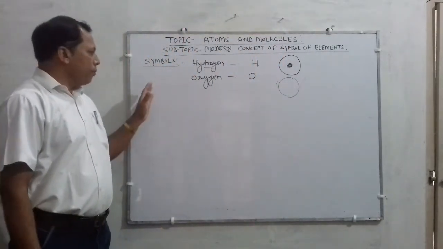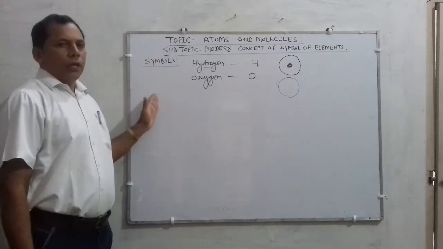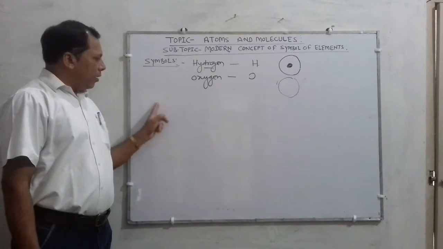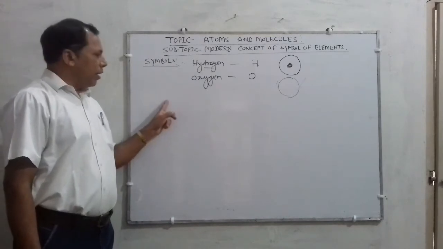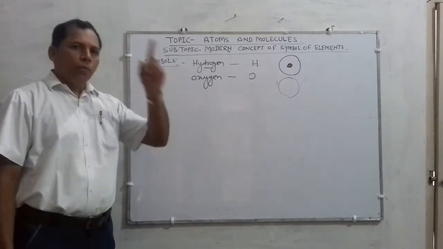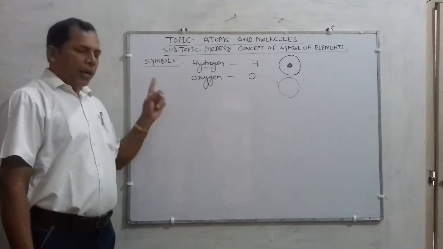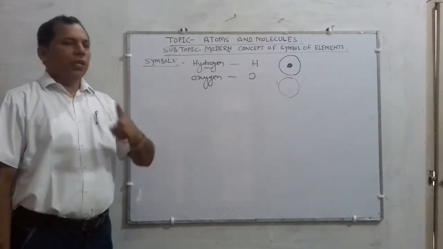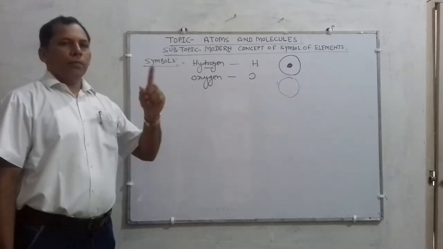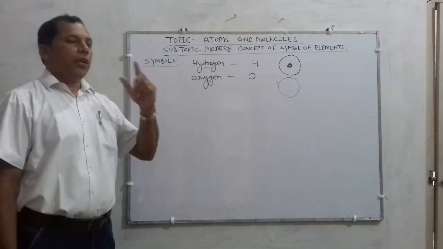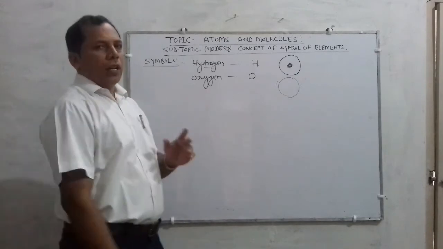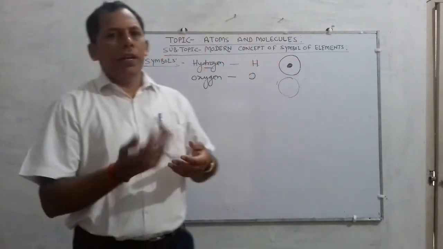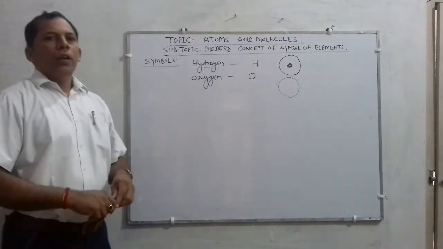Once again, listen. When elements have the same first letter for two or more elements, the two-letter system is used for the representation of the symbol of that particular element, in which the first letter is written in a capital letter while the second letter is written in a small letter.